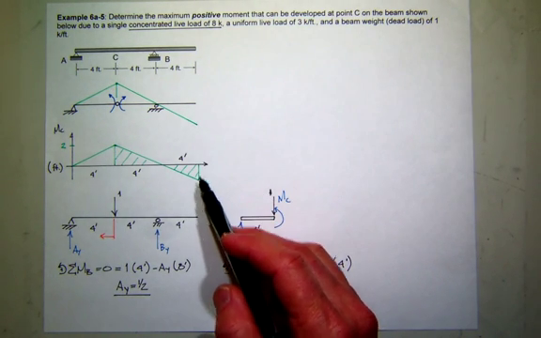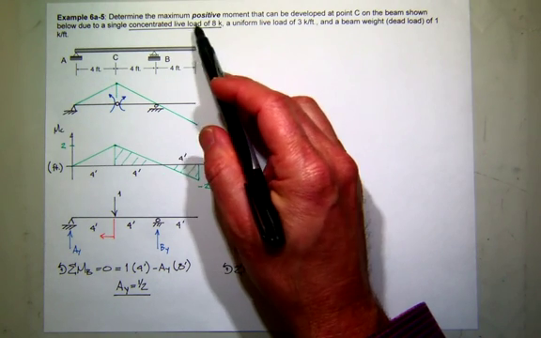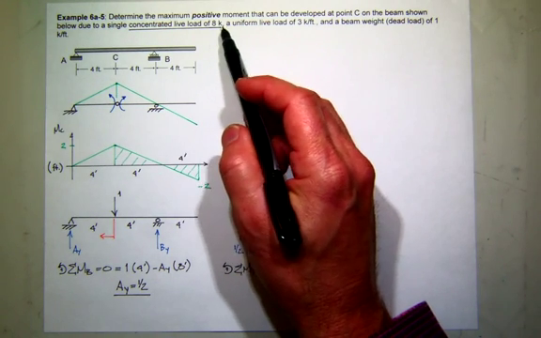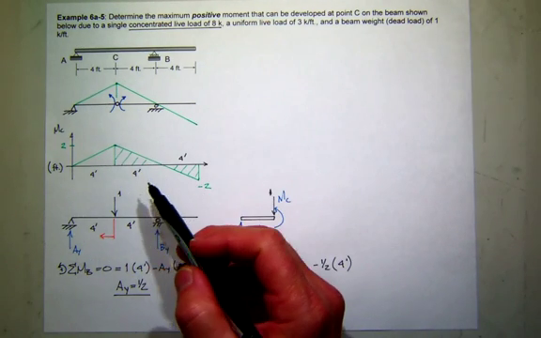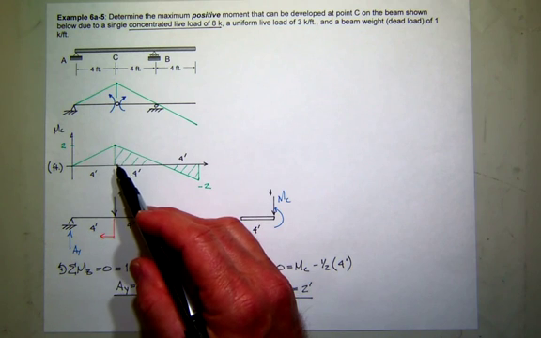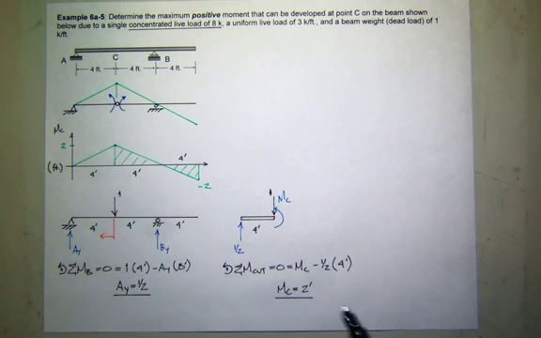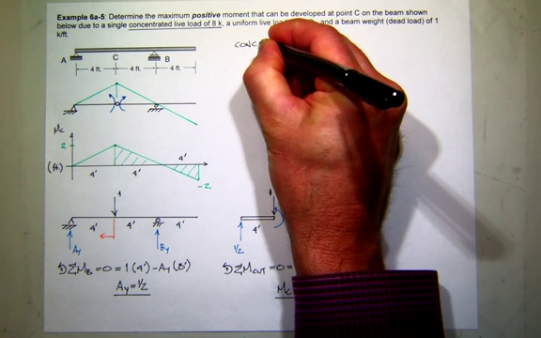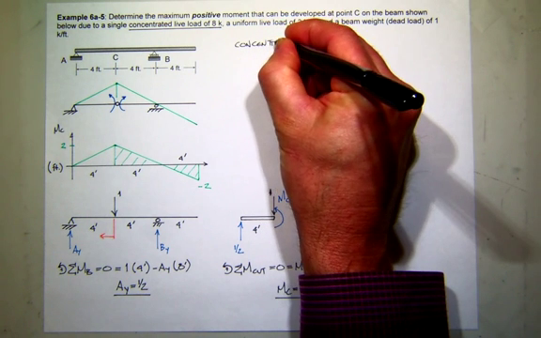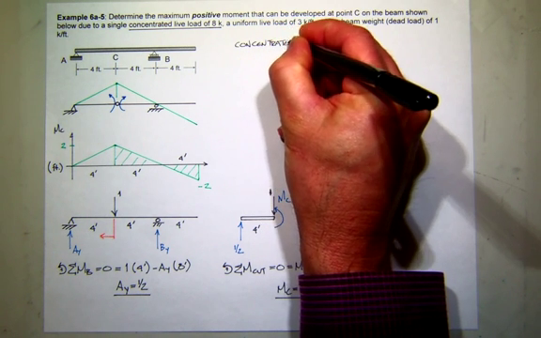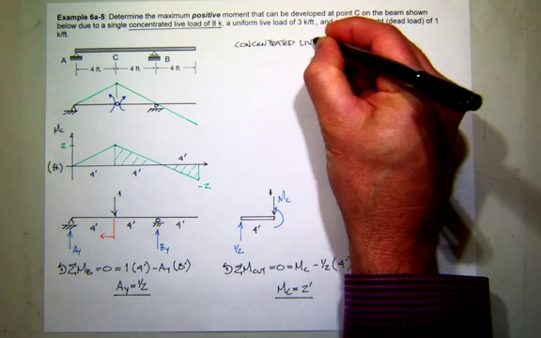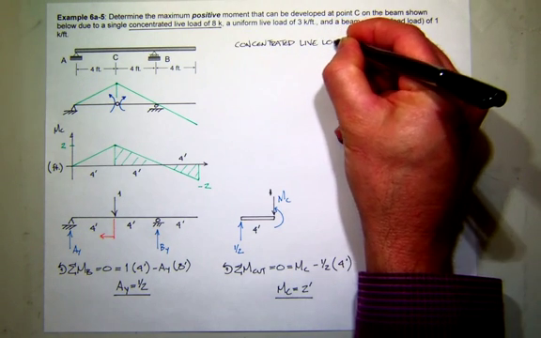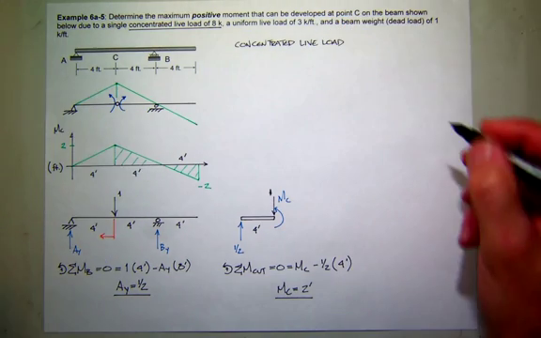So right now that says that the position of our live concentrated load to create the maximum moment at C would be here at 4 feet. So what is that value? So our concentrated live load, meaning it moves, would be what?